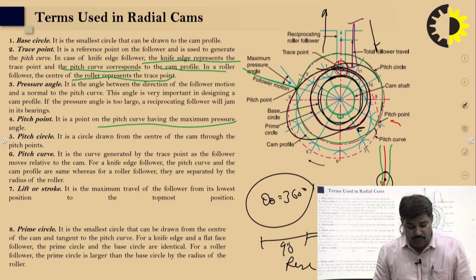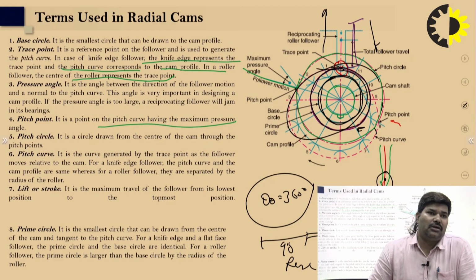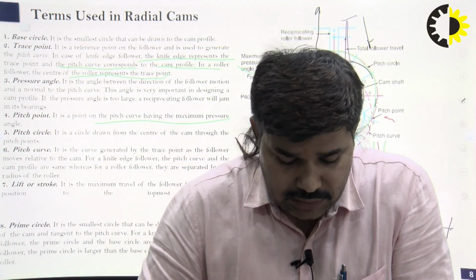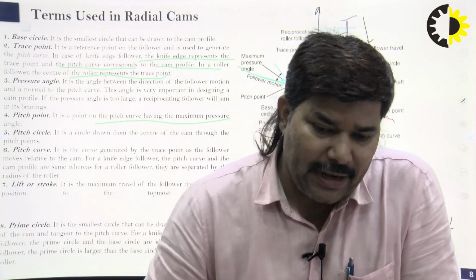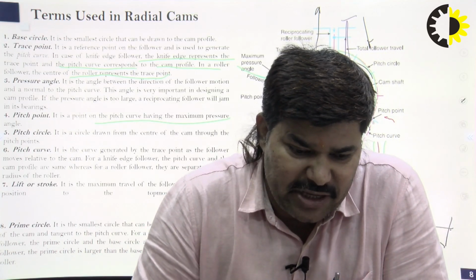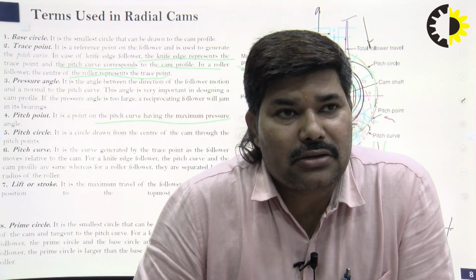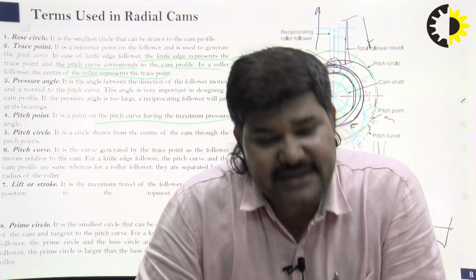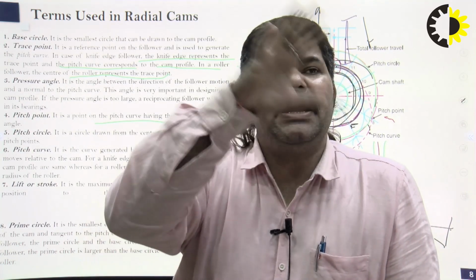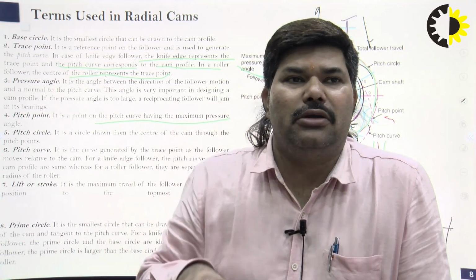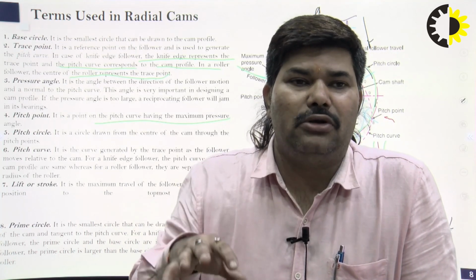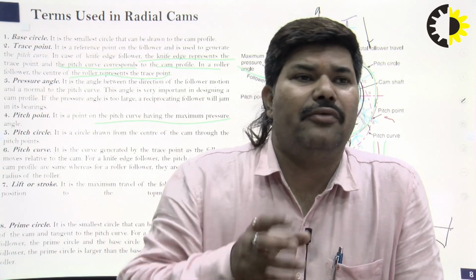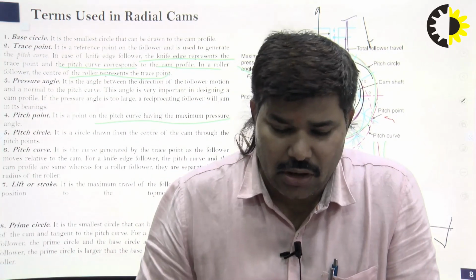So I hope you have understood the basic idea of the cam, and you have found out the basic introduction, the cam classification and follower classification. In the next lecture, we will discuss the different types of motion, how to draw the acceleration diagram, and how the cam profile is drawn for the different types of motion, like uniform velocity, uniform acceleration and retardation, simple harmonic motion, or cycloidal motion.